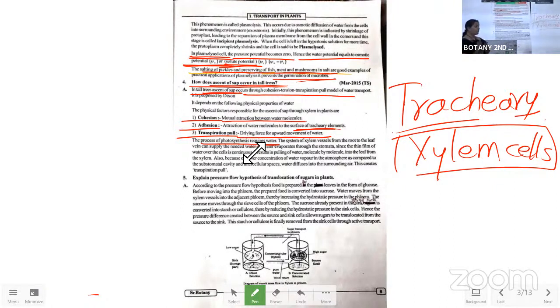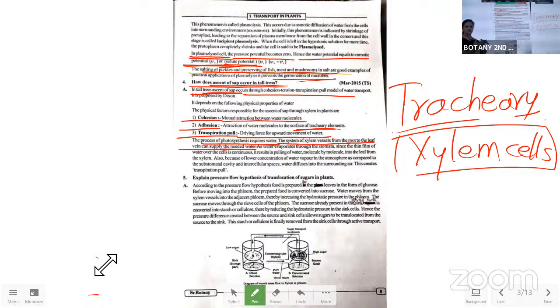So for photosynthesis, the plant needs water, isn't it? So the water will be supplied through the xylem vessels from the root to the leaf, through the veins, and by this the needed water will be supplied.